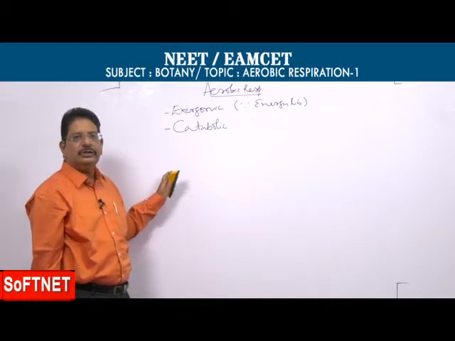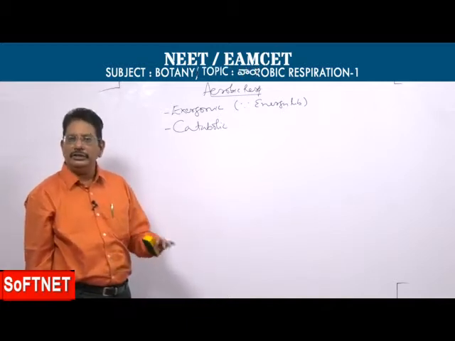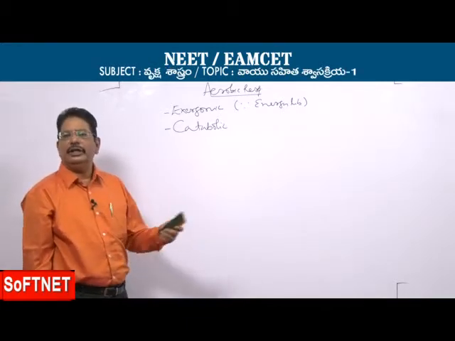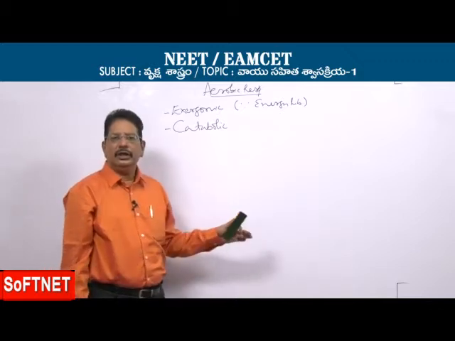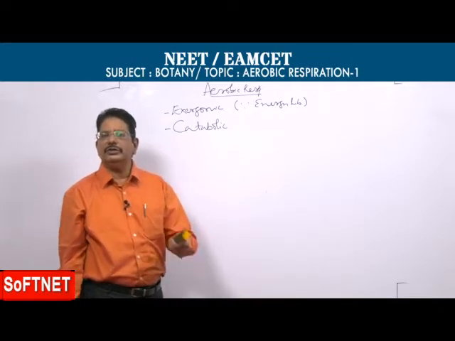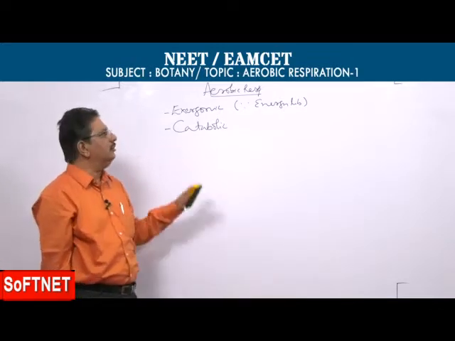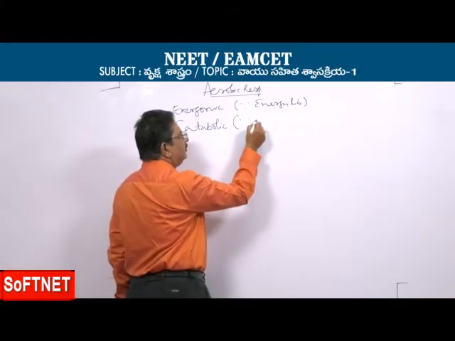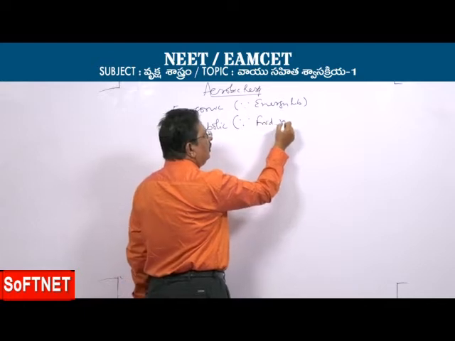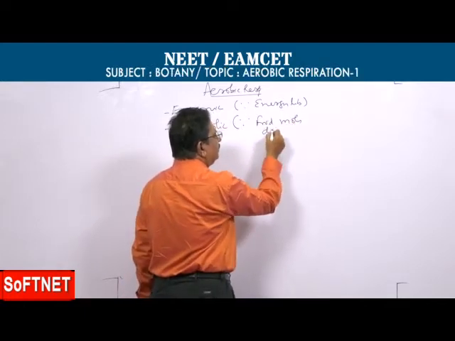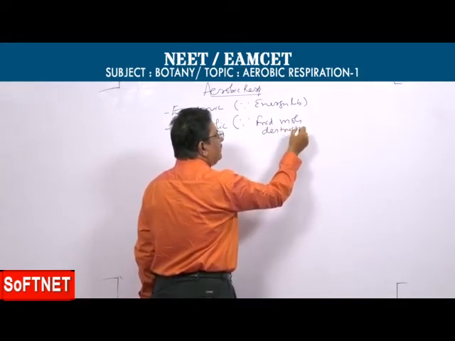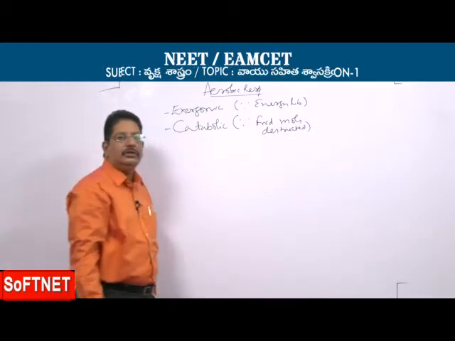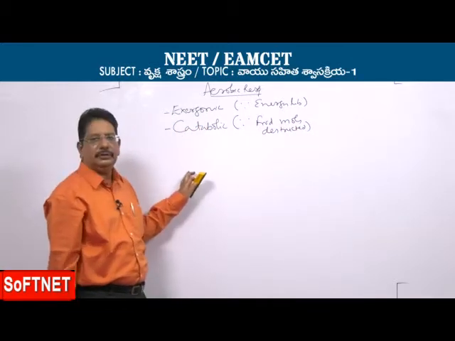You know that metabolism in living cells completes either in an anabolic way or a catabolic way. Catabolism is a kind of destructive process, whereas anabolism is a kind of constructive process. Photosynthesis is a constructive process, whereas respiration is a destructive process. Since food molecules are destructed, breaking down of food is called catabolic.